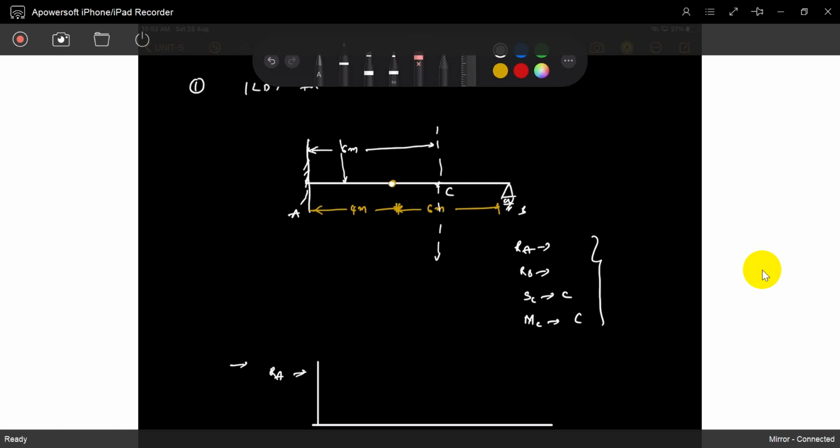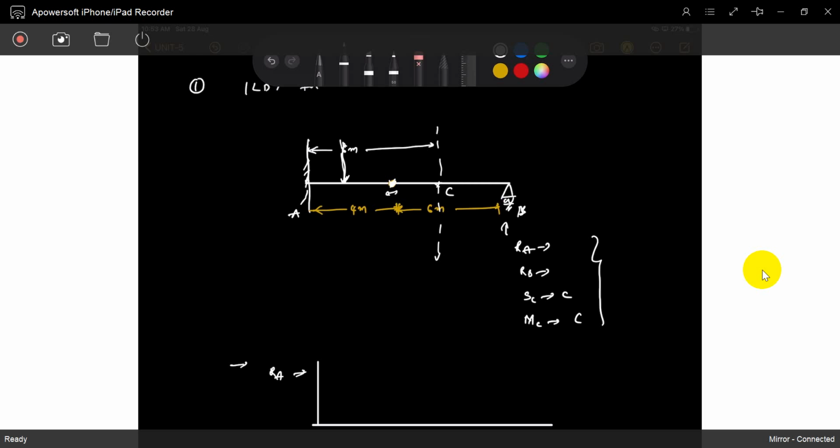Because see, if you applied 1 here, this is a hinge. We already said this is a hinge. So compulsory at this location moment should be 0. RB should be 0. Otherwise, the moment is not equal to 0 at this location.